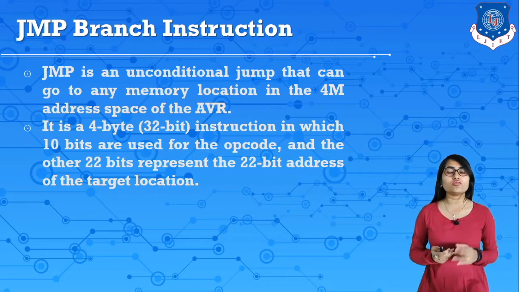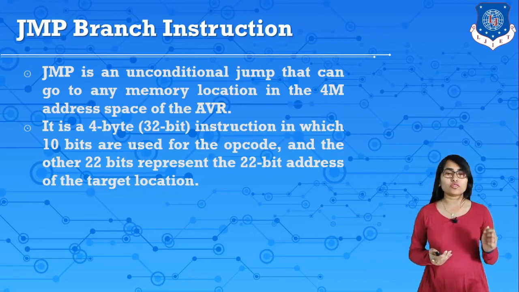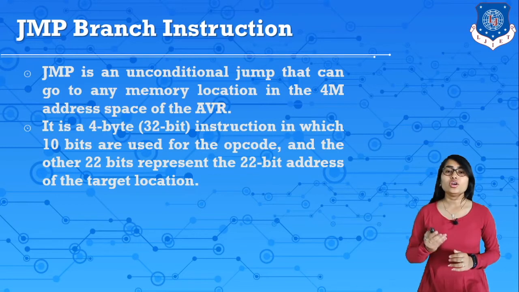Each byte contains 8 bits, so it is a total 32-bit instruction, in which 10 bits are used for the opcode, that is for JMP, and the other 22 bits represent the 22-bit address of the target location.